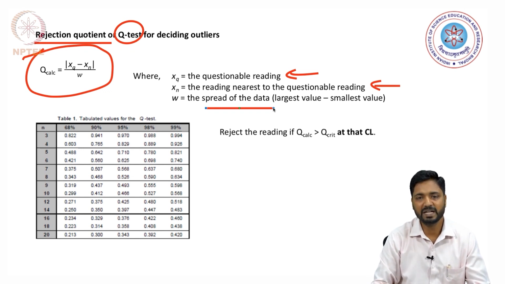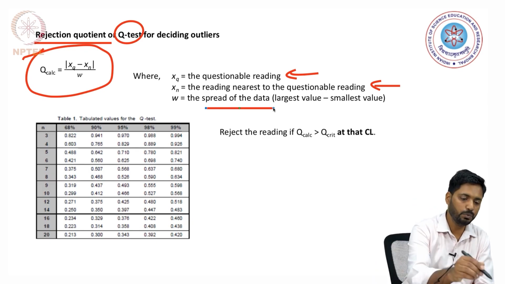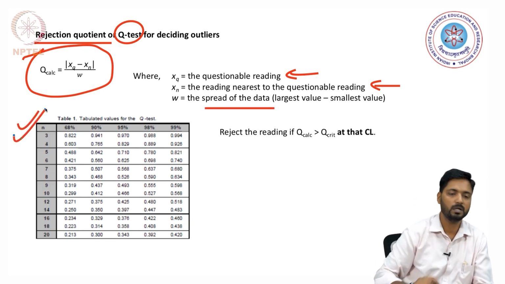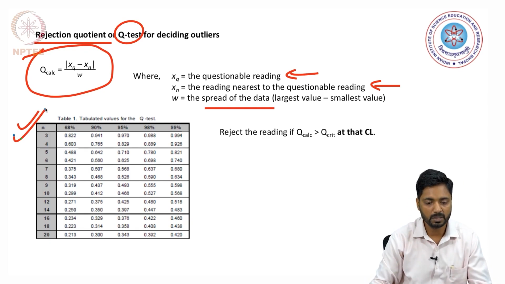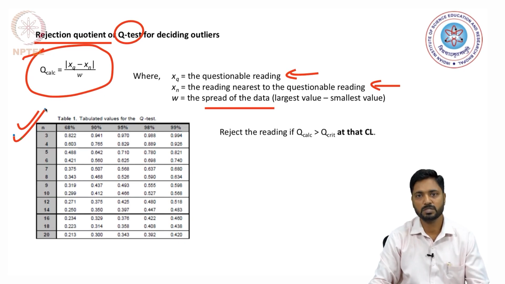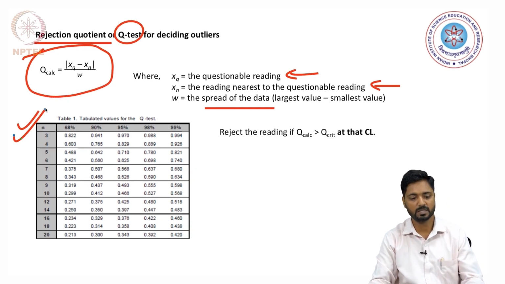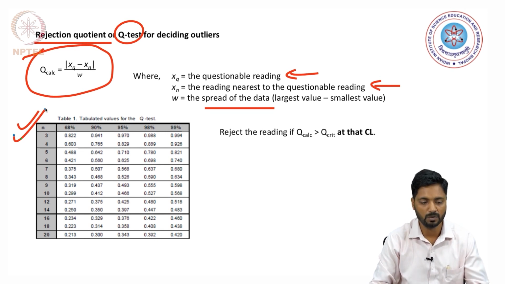Spread is nothing but the difference between the largest value of a data set and the smallest value, and we use a Q table, similar to the T table, to make a conclusion whether the reading at hand is indeed to be considered as an outlier or not.